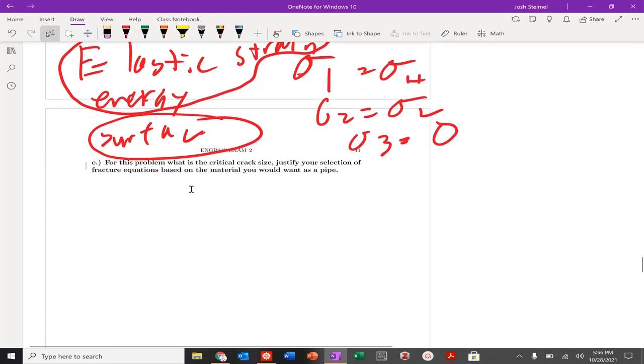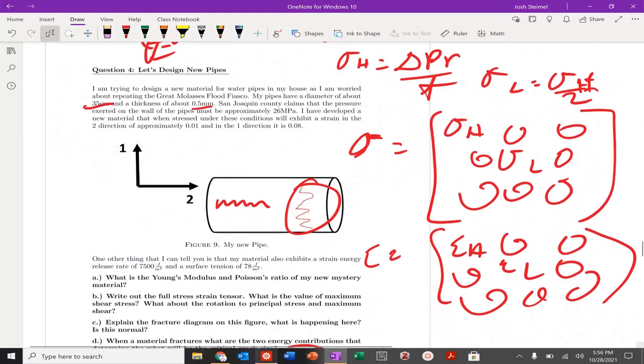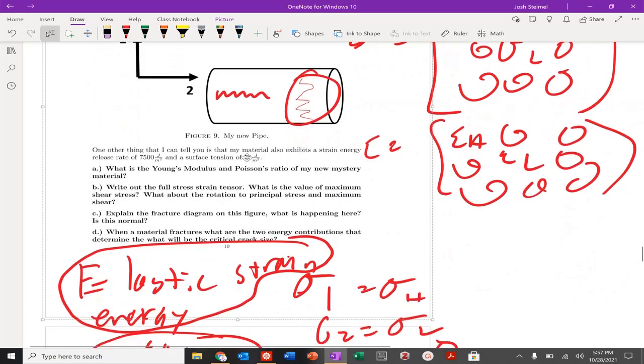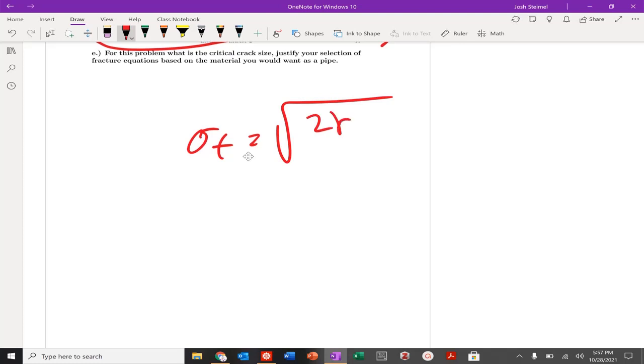What is the critical crack size? My material behaves a lot like a polymer, it's a pretty strong polymer, but it should be a polymer biomaterial. It's definitely not a ceramic. So I'm not going to use my Griffith criteria for very brittle materials. Remember, stress at failure equals square root of 2 gamma E over pi a critical.